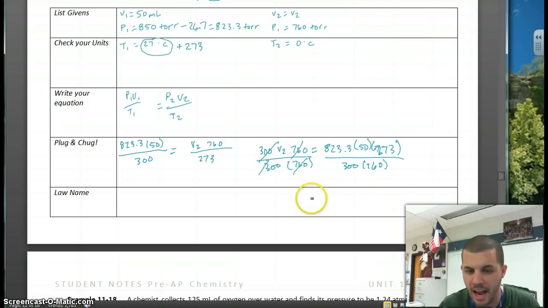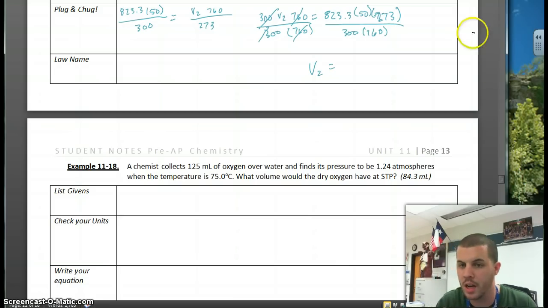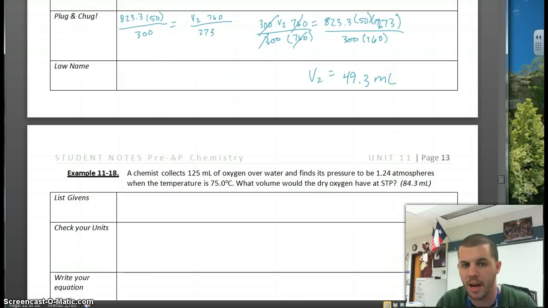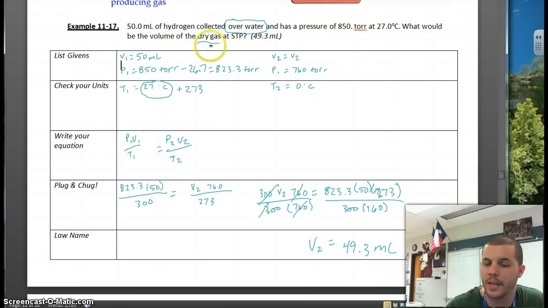And so I see that V2 equals 823.3 times 50 times 273, enter, divided by, open parentheses, 300 times 760, close parentheses, enter. 49.3 milliliters is my new volume. 49.3 milliliters is what the volume of the dry gas would be at STP.